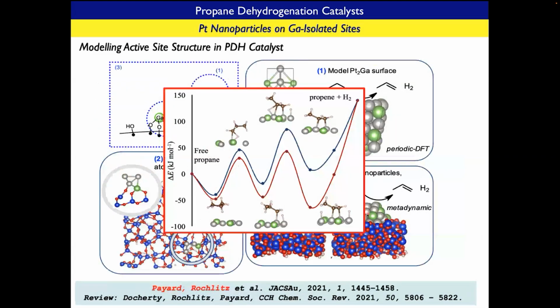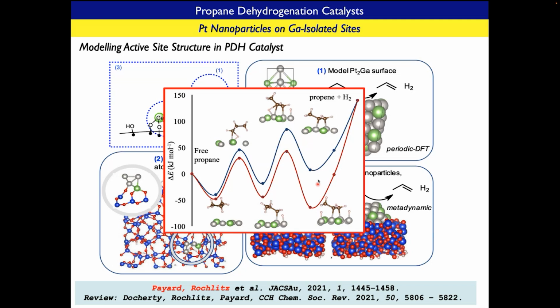With that in hand, we could actually show by a classical periodic calculation that the role of gallium is effectively to isolate platinum sites, and you don't so much improve the CH activation step, but what you do very much is that if you compare pure platinum to platinum gallium, you improve the desorption of your propylene, because propylene on the platinum gallium is very destabilized.